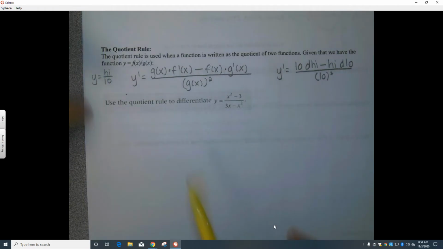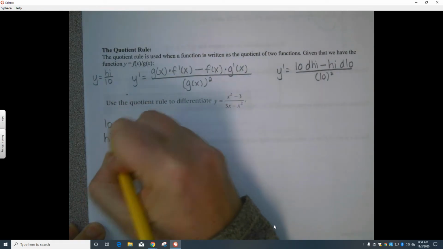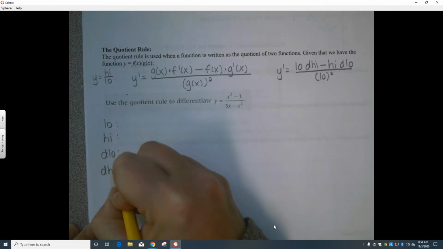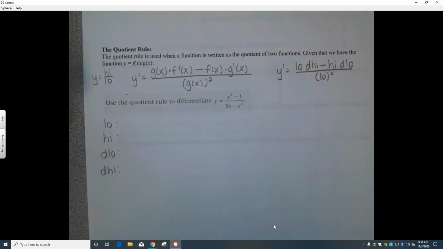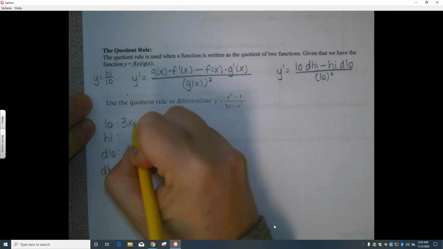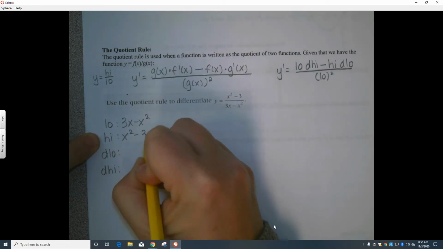All right, so here's how I organize my work for this type of function. I use that low and high language. So I'm going to write it out as low and high, and then d low and d high. In this example, my low function is 3x minus x squared. My high function is x squared minus 3.